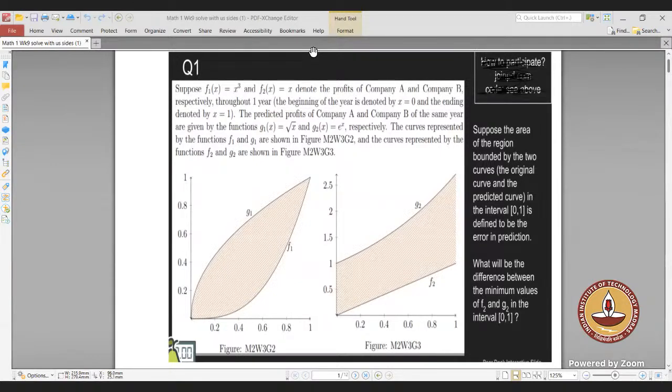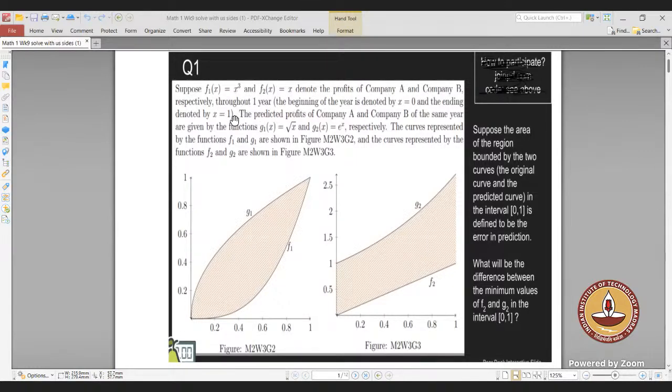This question says, suppose f1 of x is equal to x cube and f2 of x is equal to x denote the profit of company A and B respectively. The profit of company A is given by f1 of x is equal to x cube, and the profit of company B is given by f2 of x is equal to x, throughout 1 year.